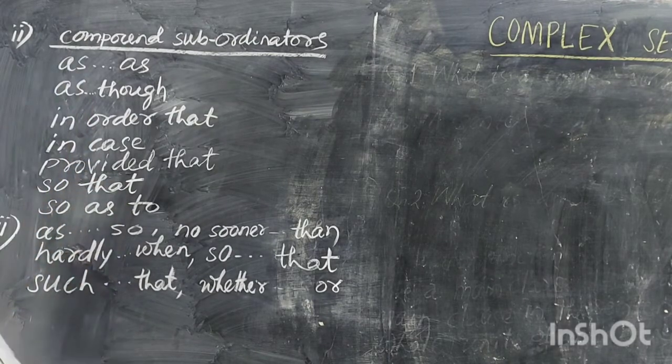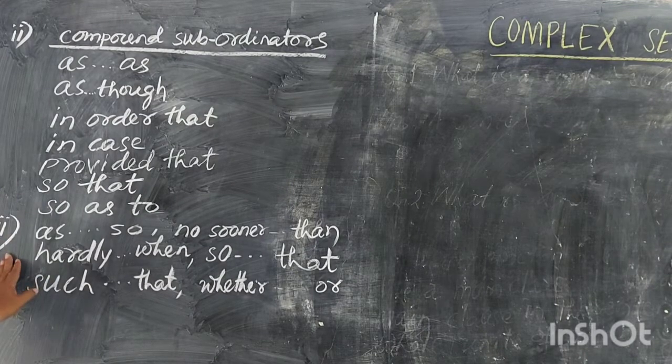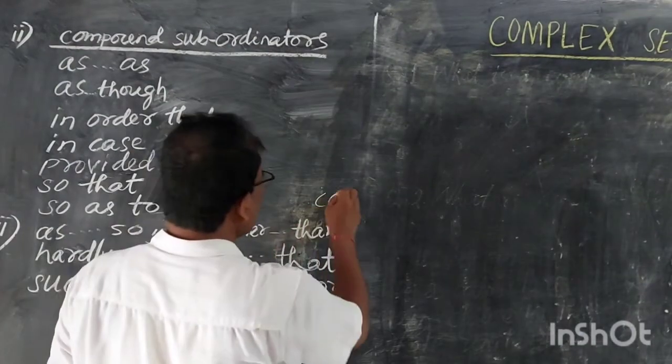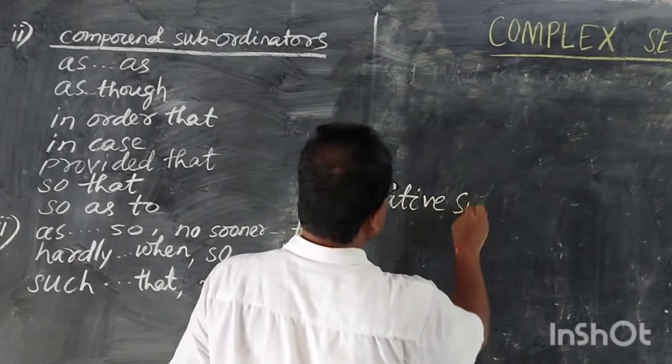These are compound subordinators. And the other type of subordinator is correlative subordinators.